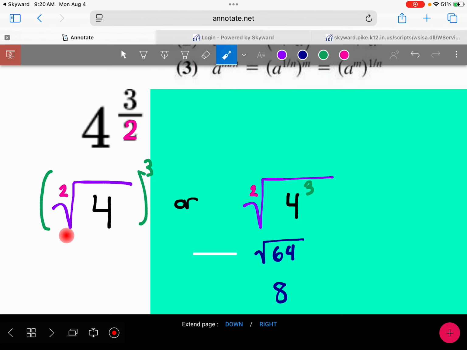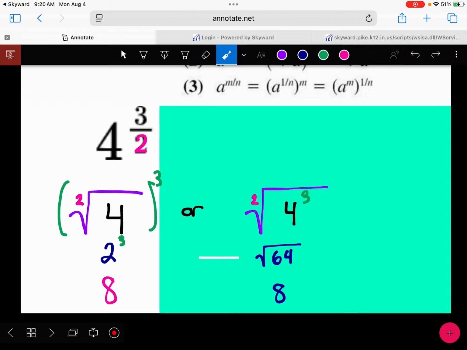Or we can do our square root first. What is the square root of 4? 2. And then 2 cubed? 8. So it doesn't matter what order we do it in. Either way, we're getting the same answer. If it helps to square root it first, do that. If you can't square root it, try doing our other exponent first. This is totally fine.